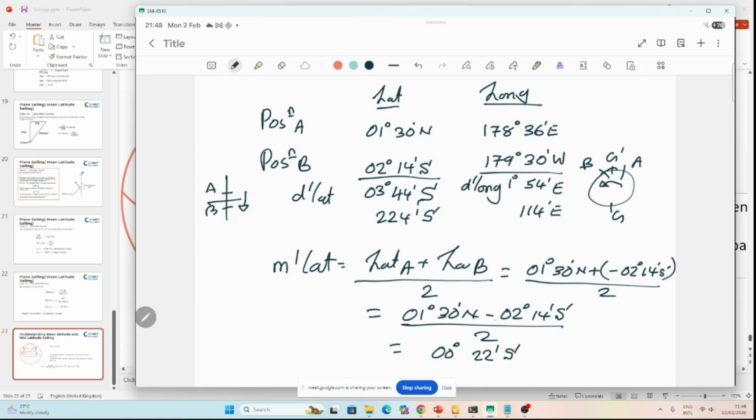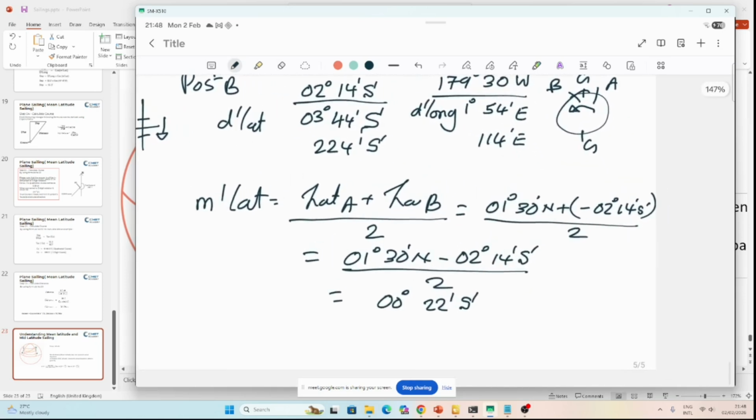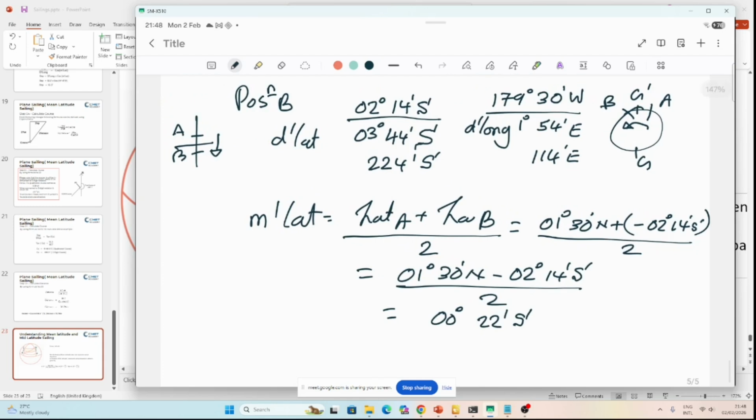And since it is minus, your sign is going to be south, because you took north as plus, south as negative. So this is mean lat. You got the answer? Mean lat? Yes, sir. Okay, so this is mean lat.